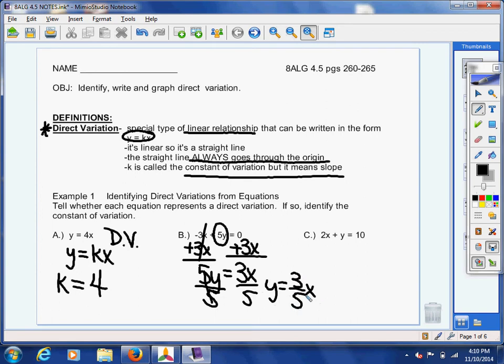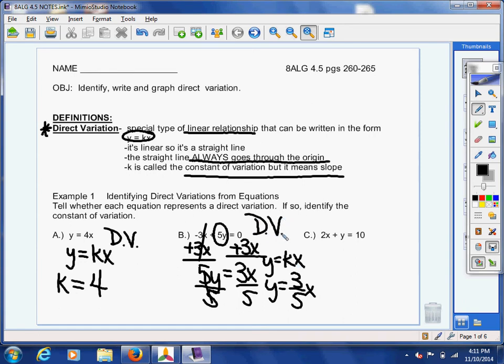Now that y is solved for, is it in the format or similar to y equals k times x? Do you see how it matches up? Y is on top of the y, equals on top of the equals, k on top of the 3/5, x on top of the x. Do you see how it all lines up? So could you summarize this and say, I think this is direct variation?